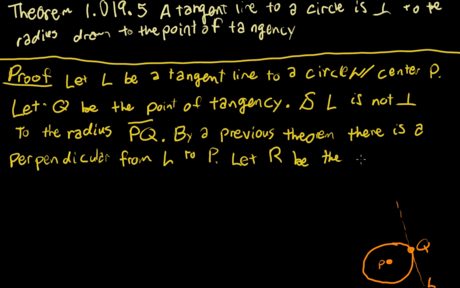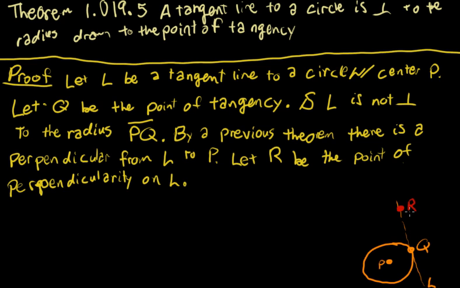We'll say let R be the point of, I'm not sure if this is a real word, but we'll say perpendicularity on L. Since this is a proof by contradiction, we're going to do it in red. We'll do it in red because this can't exist. So going here, this is a right angle. And it looks funny because it can't actually happen.